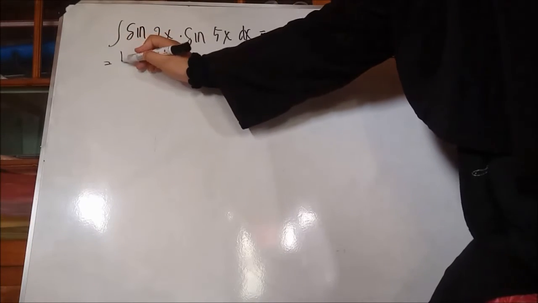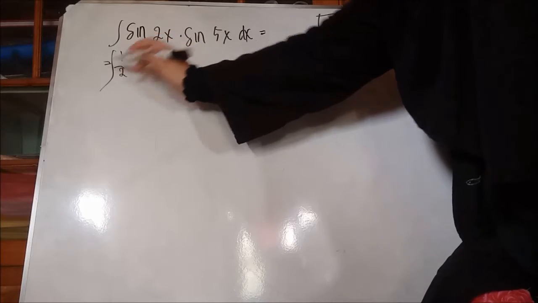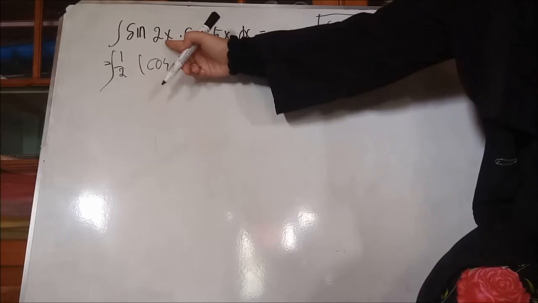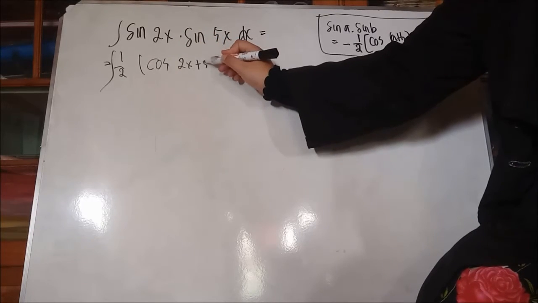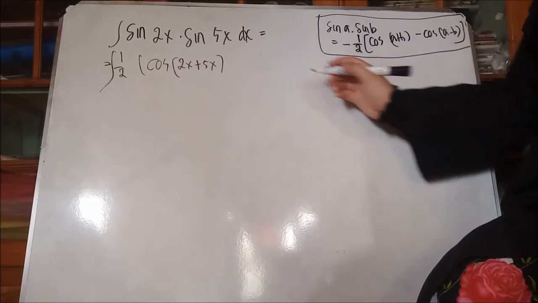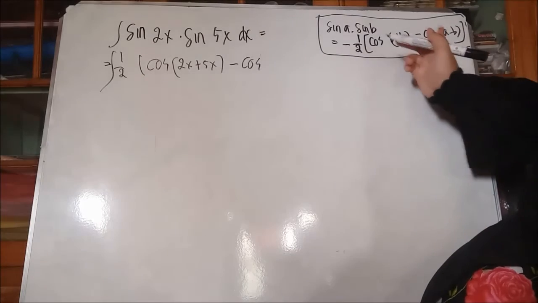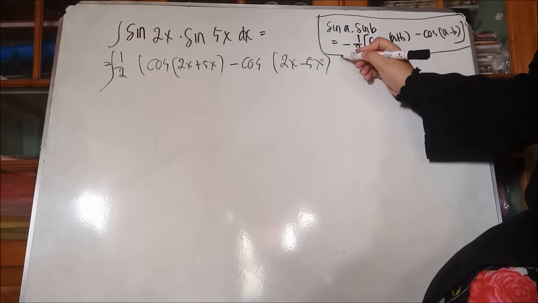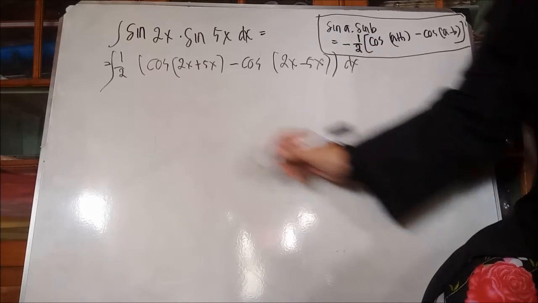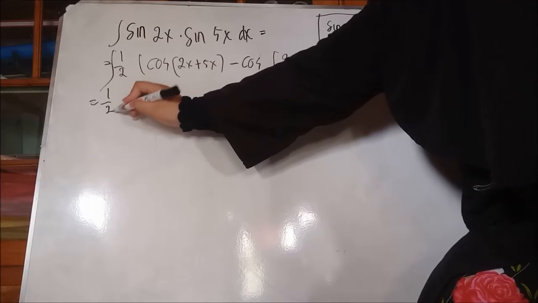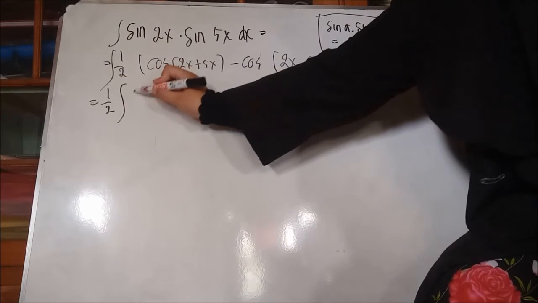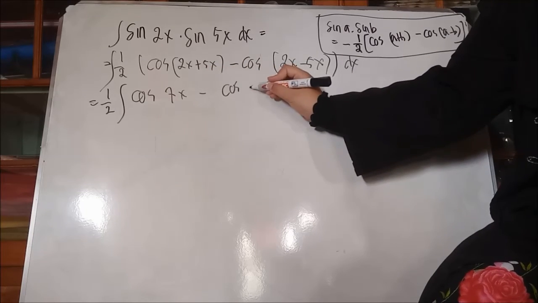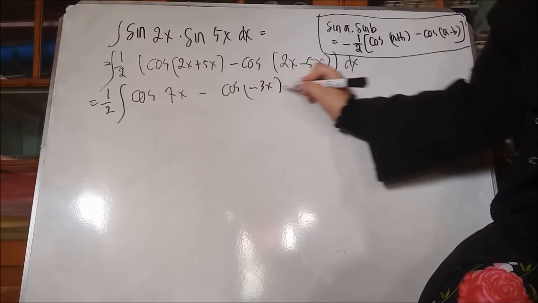We have 1 over 2, cos of 2x plus 5x minus cos of 2x minus 5x dx. And then we get the 1 over 2 in front of the integral, and we have cos 7x minus cos negative 3x dx.